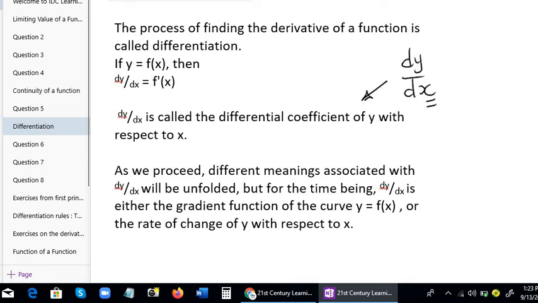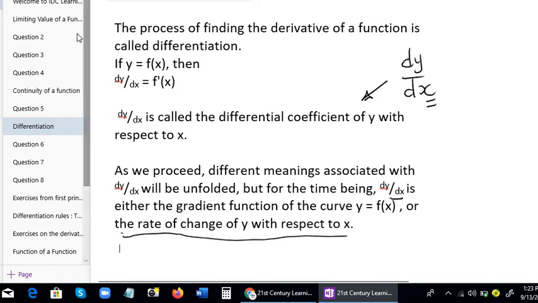As we proceed, different meanings associated with dy/dx will be unfolded, but for the time being, I want you to know that dy/dx is either the gradient function of the curve y equals f of x, or we can just say it is the rate of change of y with respect to x.